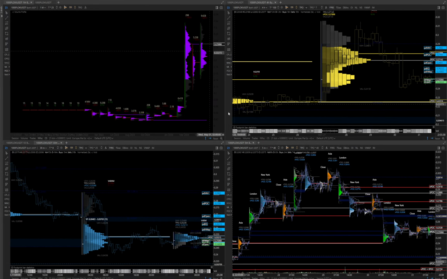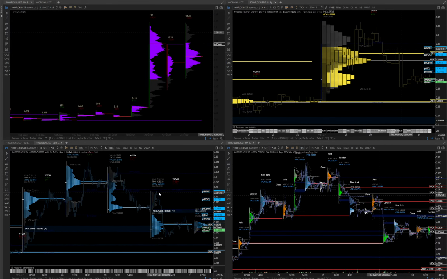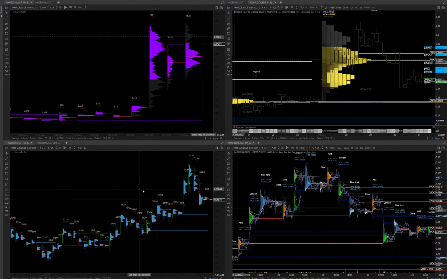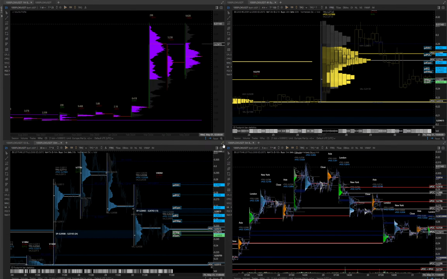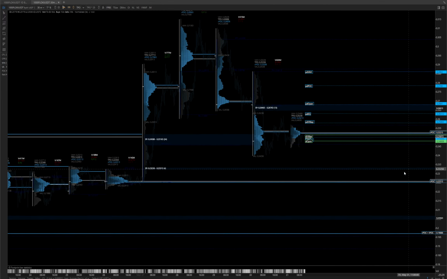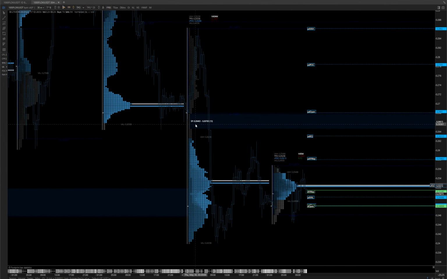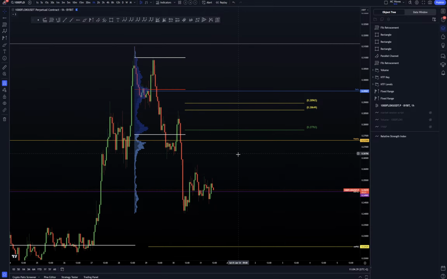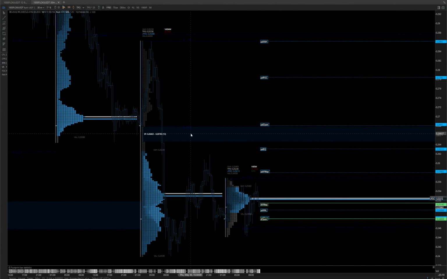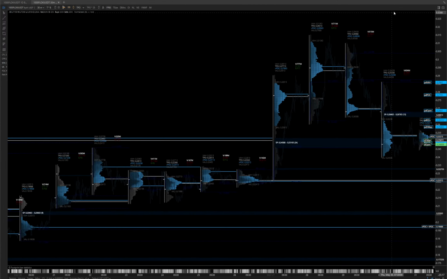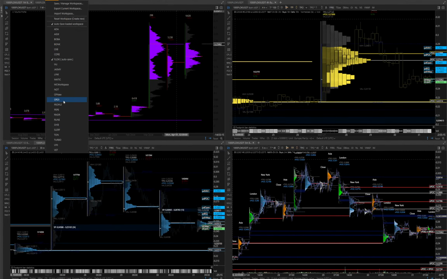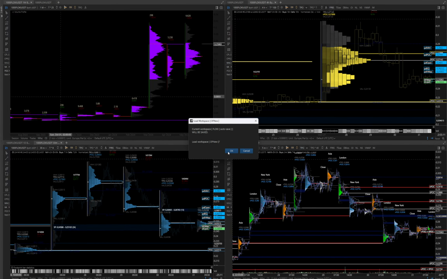So this is not completed, this will be below. We don't have any DNPOC here. Do we have any fingerprints? Yes, but 0.26, 7. So we don't care. Okay, let's come back on the order flow. Here.